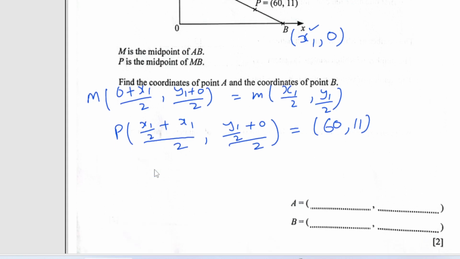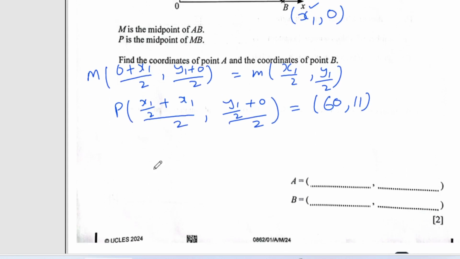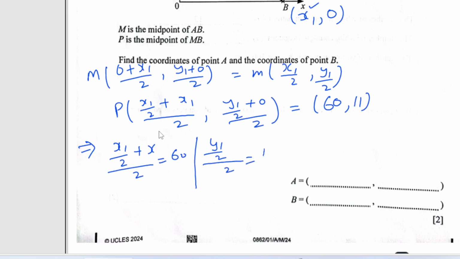Okay. So now we will just calculate this. If we equate the coordinates, x1 over 2 plus x1, the whole over 2 equals 60, and y1 over 2 is equal to 11.